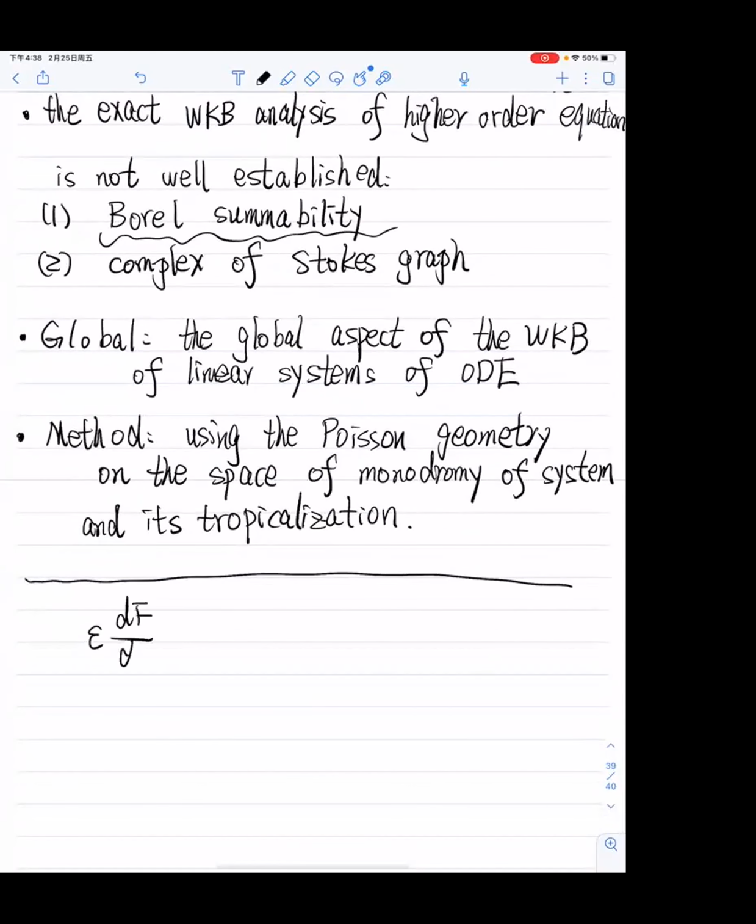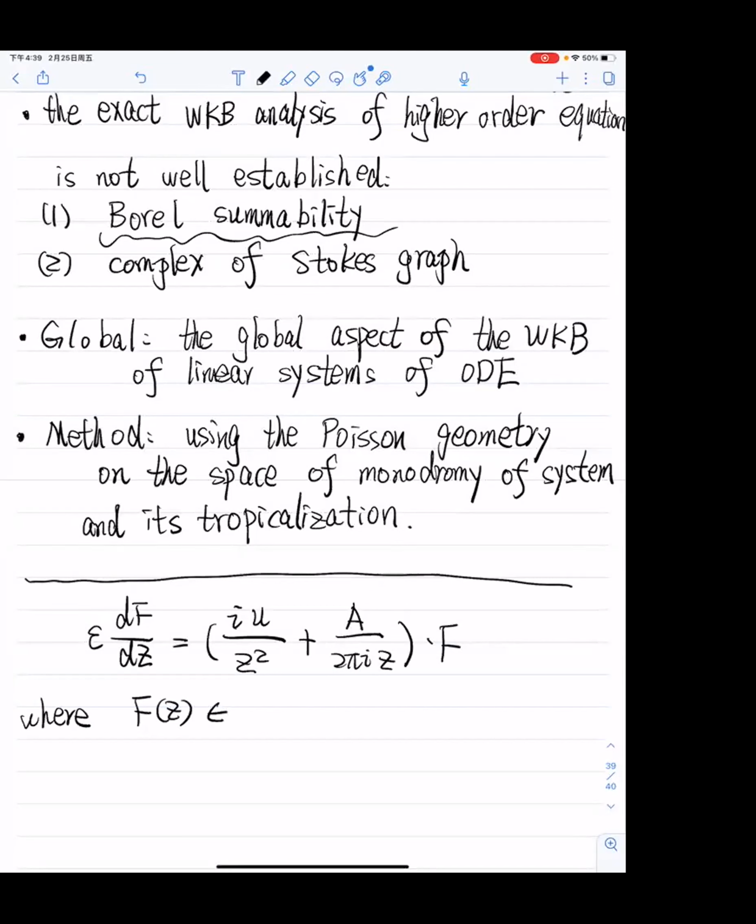So I consider this linear system where this coefficient is given by some data of U and A. This is a meromorphic system over some z plane, and F is an invertible n by n matrix valued function.